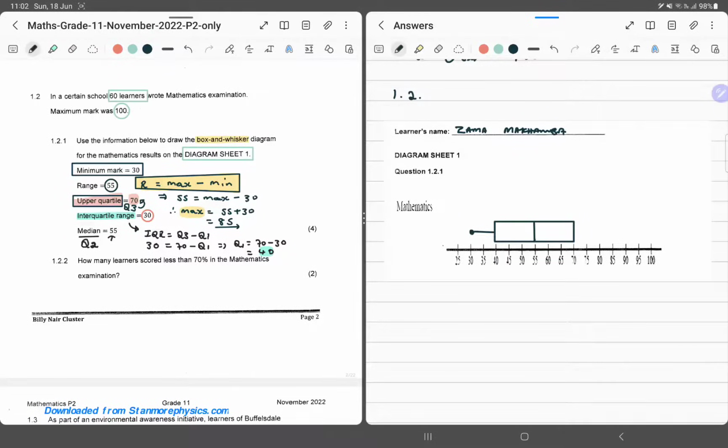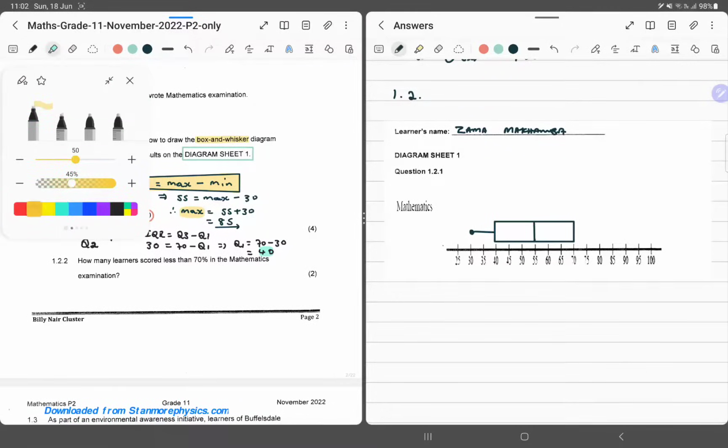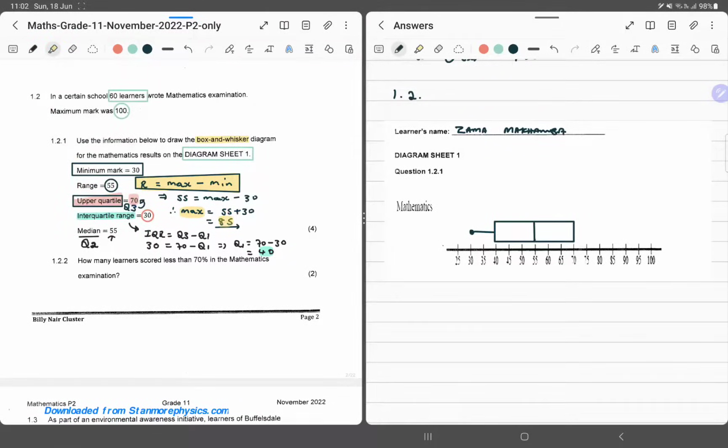And then the other one goes to 85 because we saw that our maximum mark obtained by these kids was 85, not 100%. It may not be straight, of course we're going to use a ruler. I don't have that now.